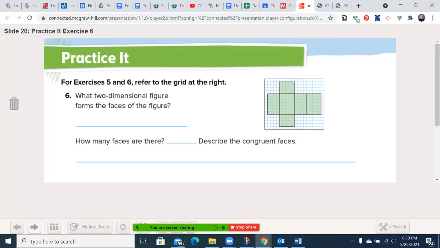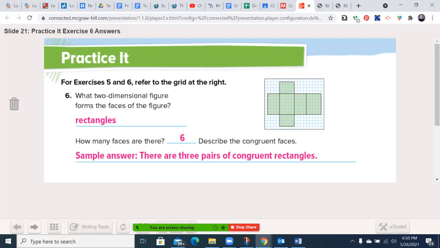And then on 6, what two-dimensional figure forms the faces? Rectangles, because they're not all the same. There are 6 faces, 1, 2, 3, 4, 5, and 6. There are 3 pairs of congruent rectangles. Here's one, here's one, another one, and then these 2 are congruent.